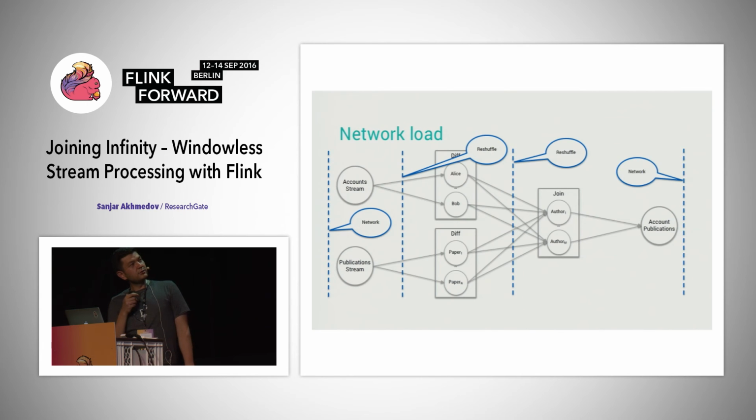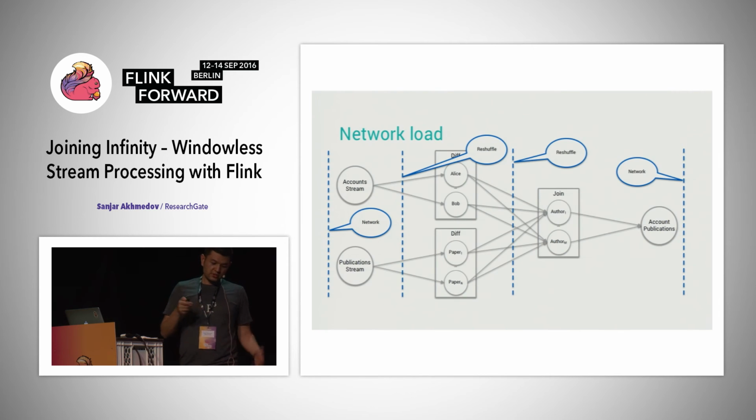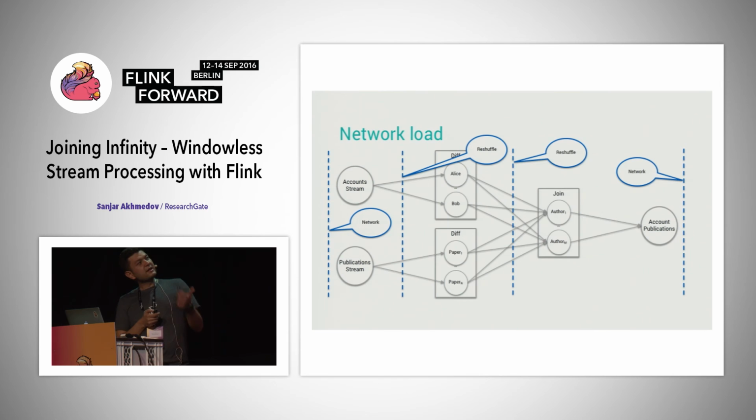And then we have to send that data over the network to Kafka. We don't treat state as the source of truth. We try to treat operator state as something we can just throw away but have very fast rebuild times. And when we replay the full history, this network load can be a huge bottleneck. This is the limiting factor.